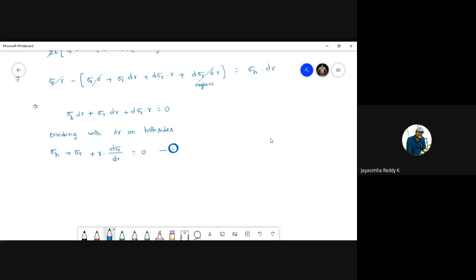Now considering longitudinal strains. See students, we have already discussed this, in Hooke's law.